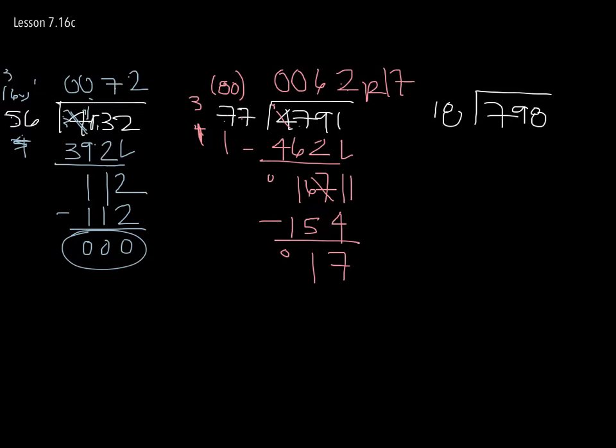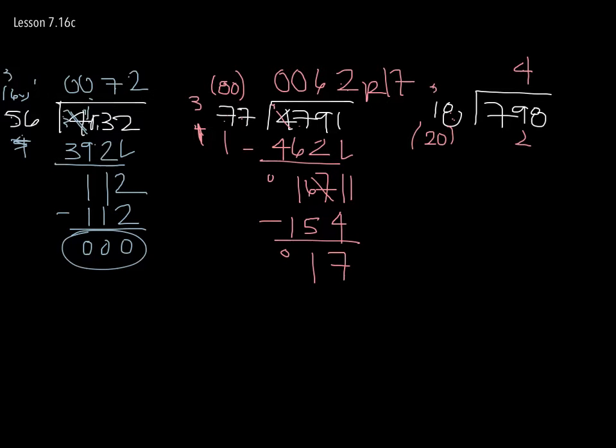Okay, and our final problem is 18 into 798. I'm going to round this to 20. Okay, 20 times 4 is going to give me 80, and this is slightly less, so let's go with 4 here. And 4 times 8 is 32.